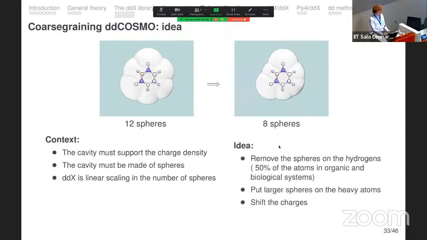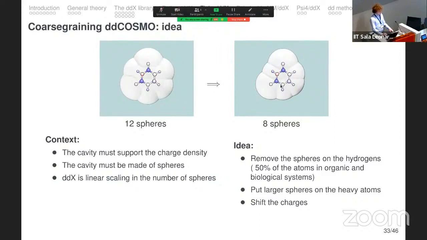A very simple idea was to use a united atoms cavity. So we put larger spheres on the heavy atoms, and we remove the spheres on the hydrogens. And instead of keeping the hydrogen charge in place, we decided to use a tool from FMM, the multipolar to multipolar translation, to push the charges from the hydrogens to the heavy atoms.